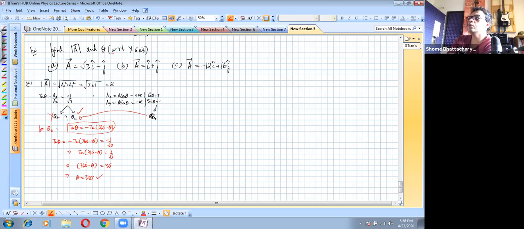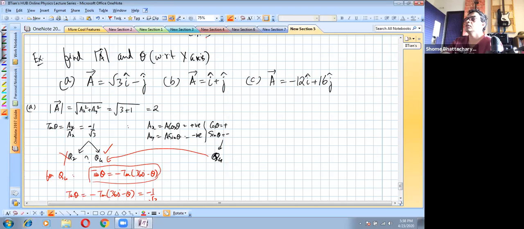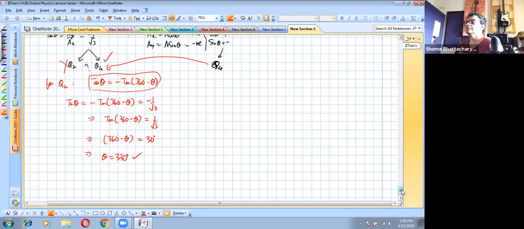Okay, so if we were to draw a vector diagram here, let us see if that diagram justifies this or not. I'm getting this as 330, but let me also understand that my diagram should justify it.